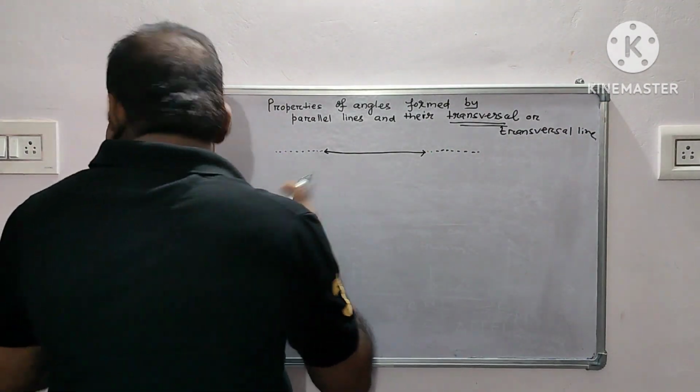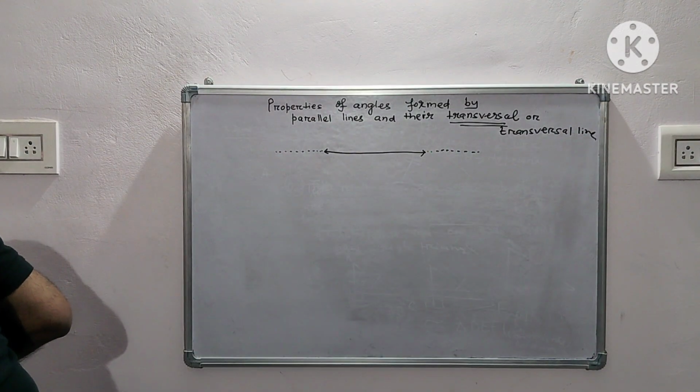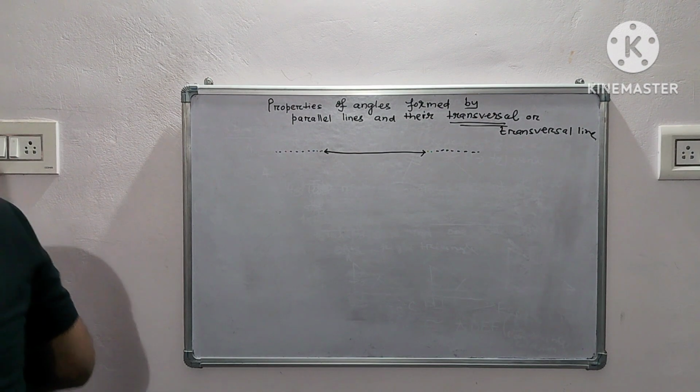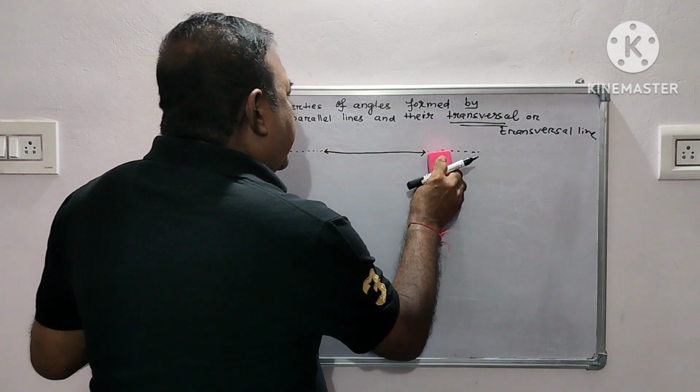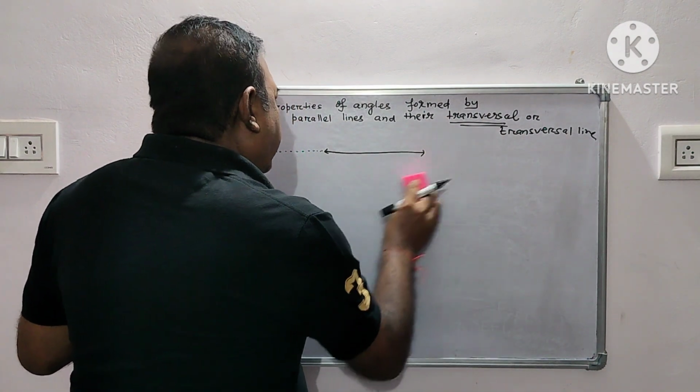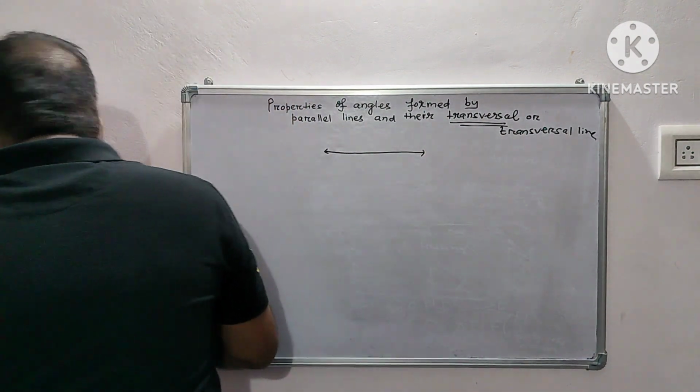So this is a line, and we can name this.